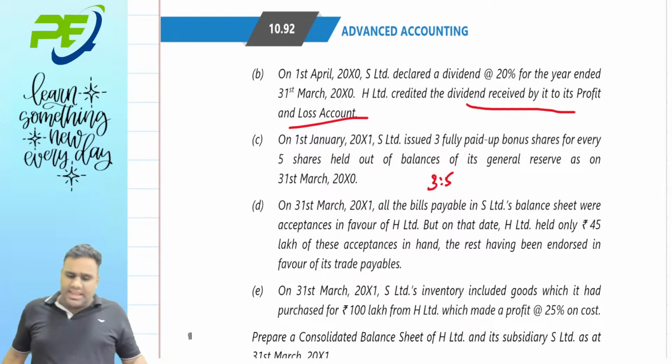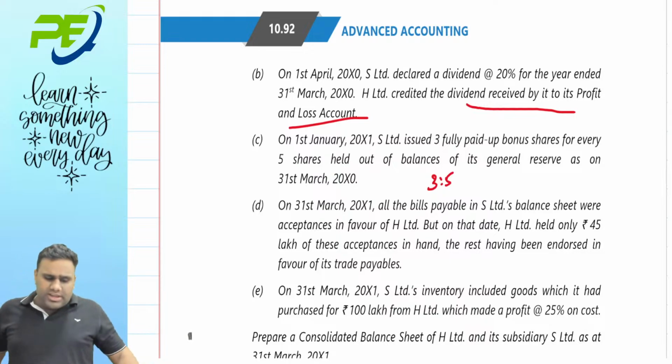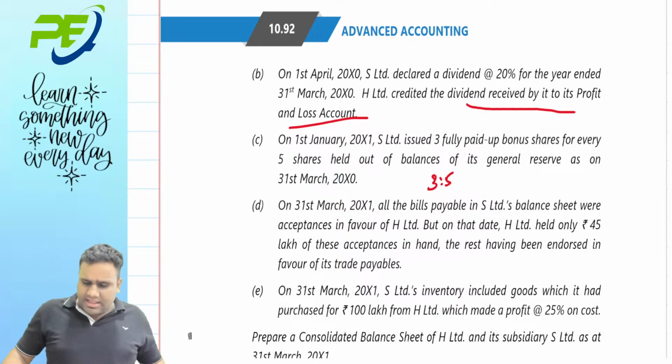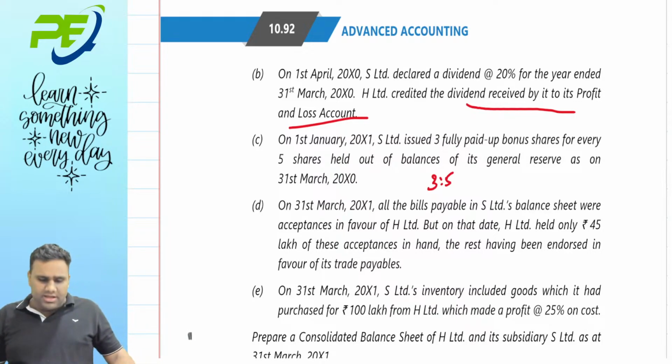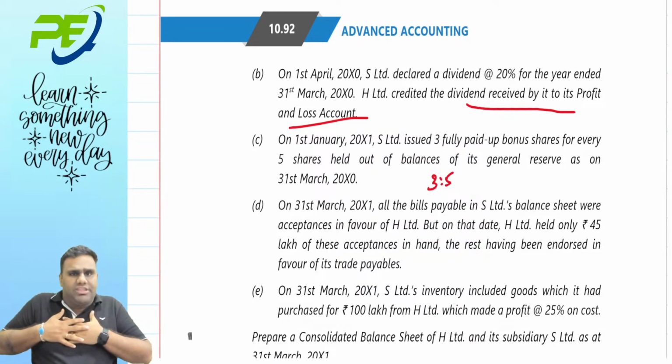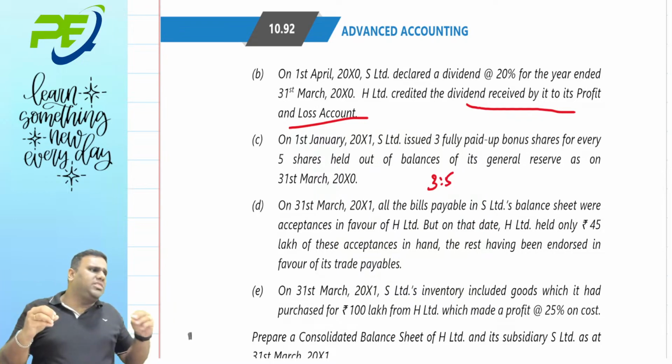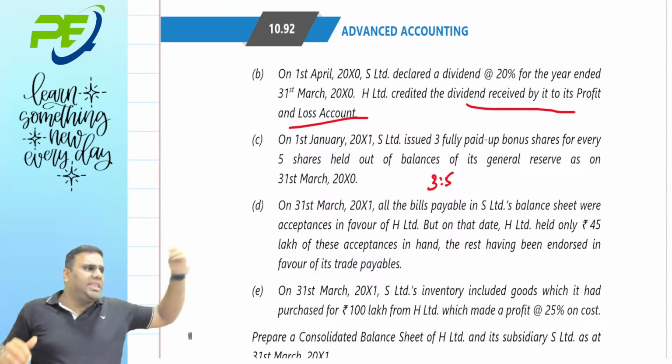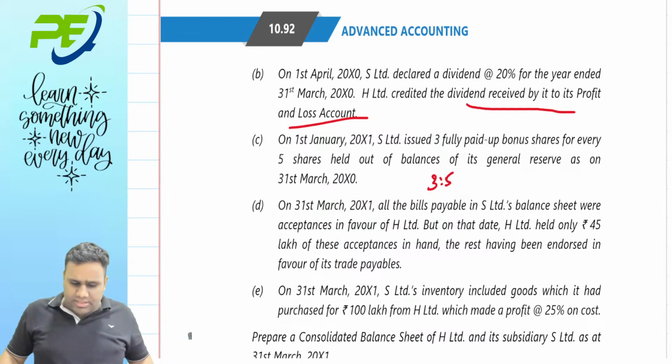But on that date, H Limited held only 45 lakh of this acceptance in hand. The rest have been endorsed in favor of its trade payables. Bill of Exchange. So what has happened? They have received the bill, but few bills they have endorsed. Few bills they have passed on to their payables.